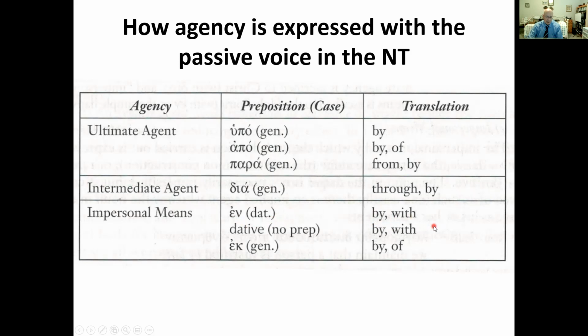Which is it? Well, it depends on which church you belong to. If you're Baptist, it's in water. If you're maybe Armenian Orthodox, or some Orthodox church, it might be by water. By would imply pouring water.